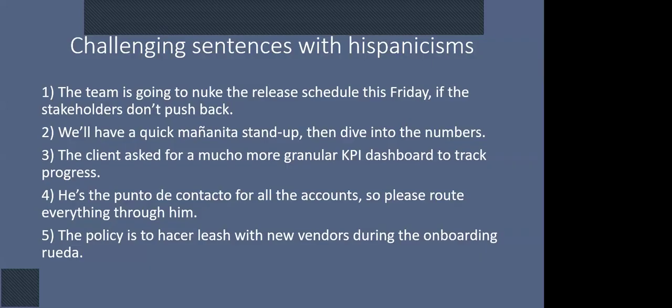Look at that, like pushback. So if the stakeholders don't push back, there's Spanish, like se echan para atrás. That to me is Hispanicism in English. That's syntax of a Hispanicized English to me.